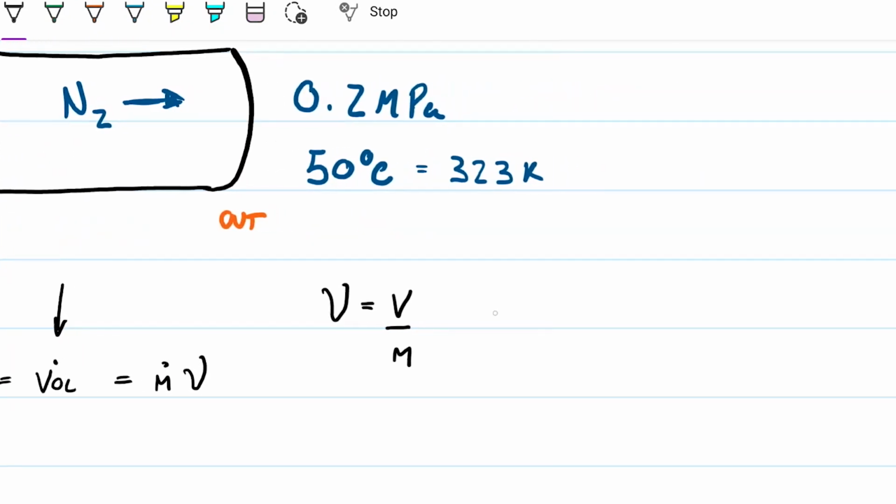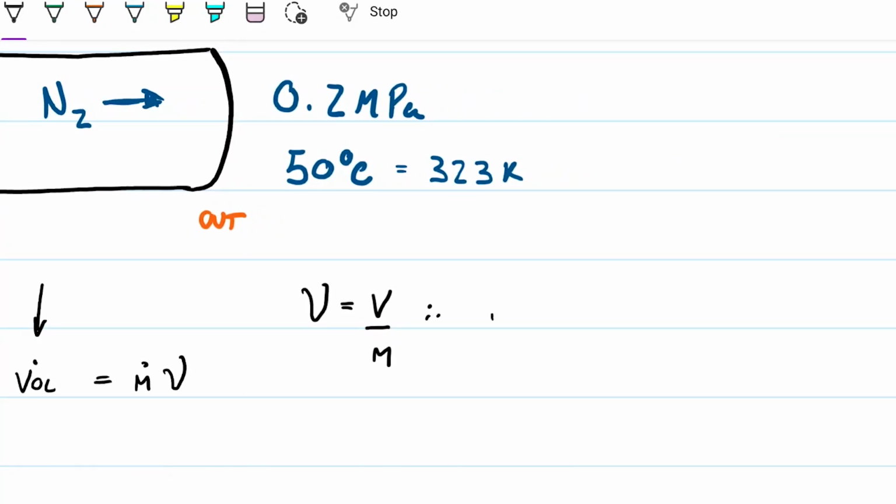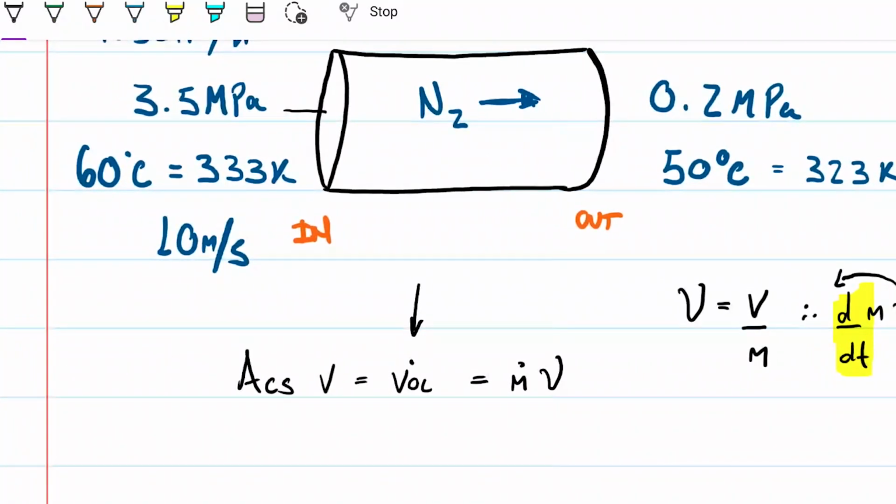You don't need to remember this by heart, but if I were to differentiate both of these terms with respect to time, I get the volumetric flow rate over here and the mass flow rate over here, and the specific volume is a constant that doesn't care about time, so it just comes out of the integral at the inlet, or the outlet, or whatever place we choose to do this analysis.